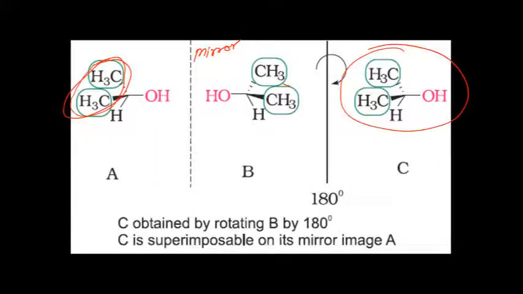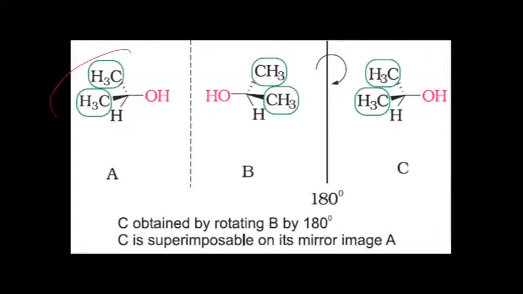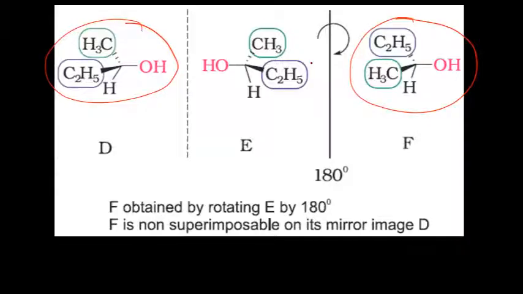In this case, after rotation, these two were exactly the same and superimposable in case of propan-2-ol. In case of butan-2-ol, the object and the image after 180 degree horizontal rotation are not superimposable.